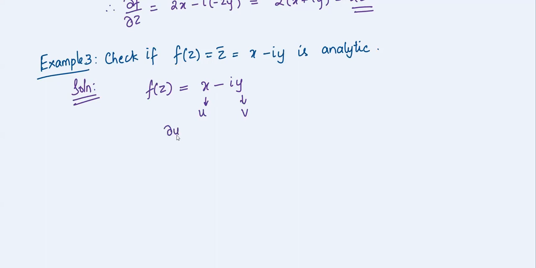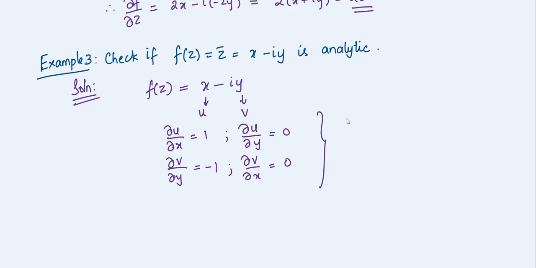Now dou u by dou x is equal to 1 and dou u by dou y is equal to 0 and dou v by dou y is equal to -1 and dou v by dou x is equal to 0. So what we observe here, dou u by dou x is not equal to dou v by dou y.